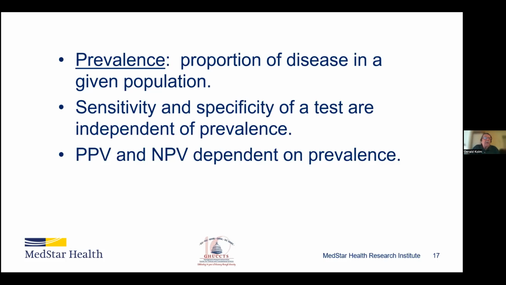And it turns out that when we calculate the sensitivity and specificity of our diagnostic tests, they're really independent of the prevalence in the population. However, the predictive values, positive and negative, are dependent on the prevalence of the disease in a population.